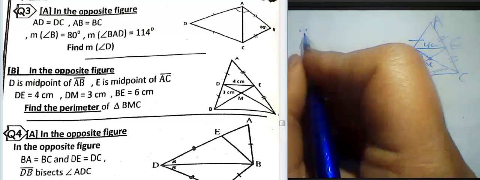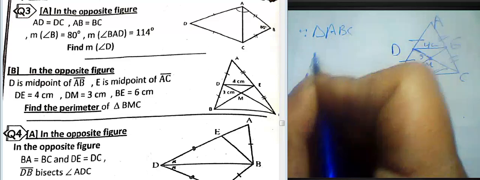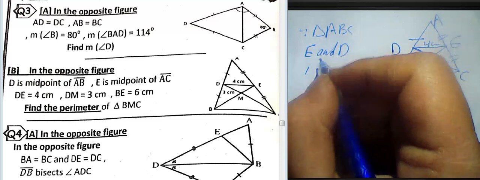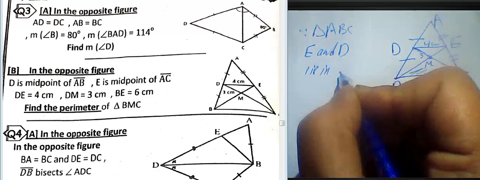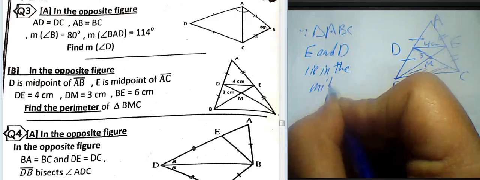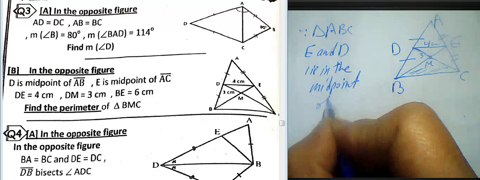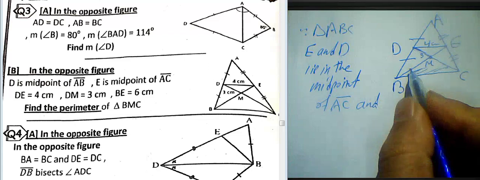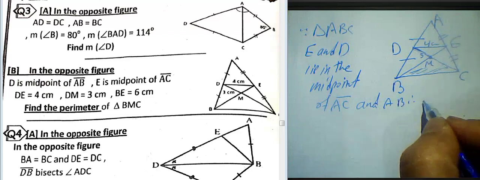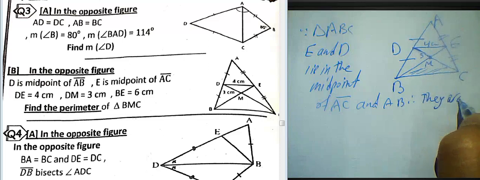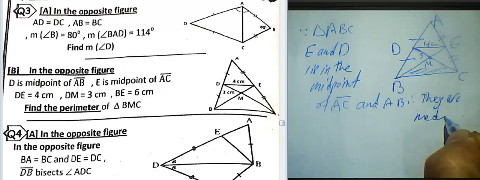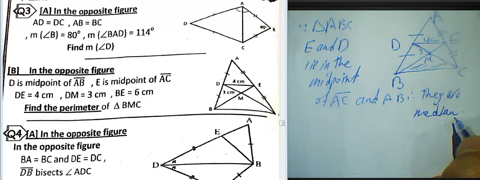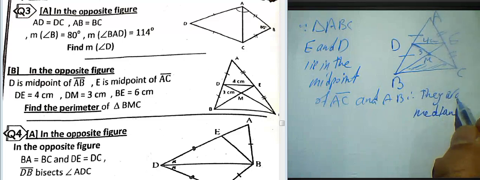First, suppose that in triangle ABC, E and D lie at the midpoints of AC and AB, then they are medians. They are the medians of the triangle, okay?